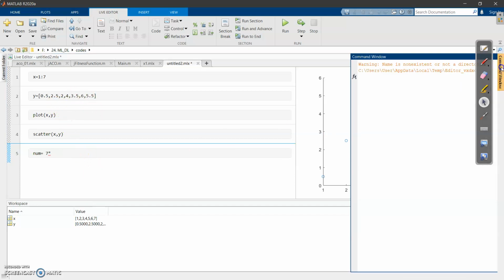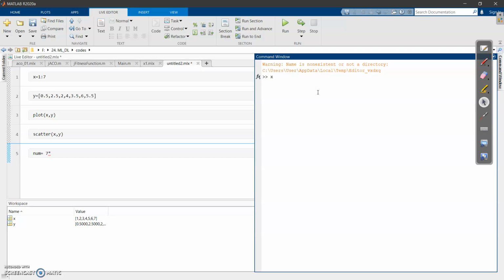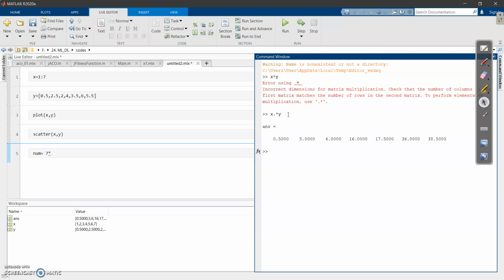When you use this sign, this is matrix multiplication, and this is element-wise multiplication, or dot multiplication, if you remember from your course. So we want to perform element-wise multiplication.